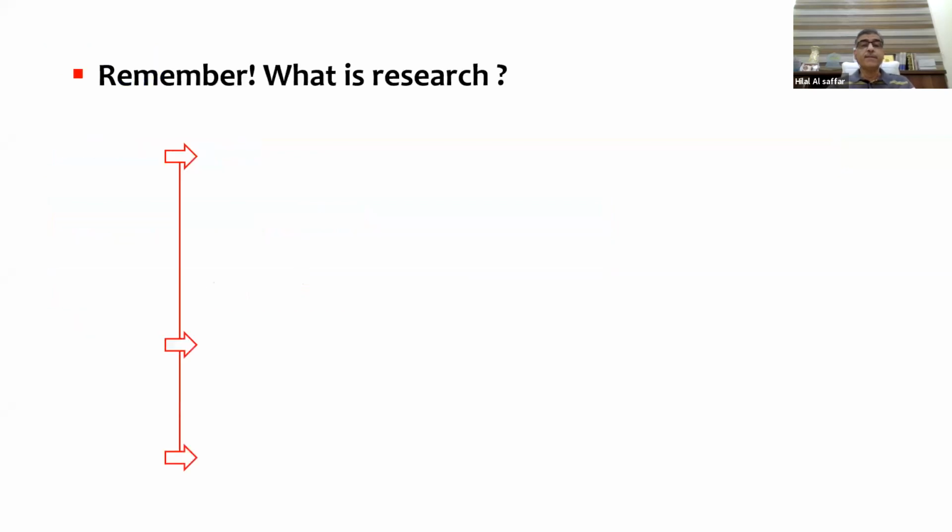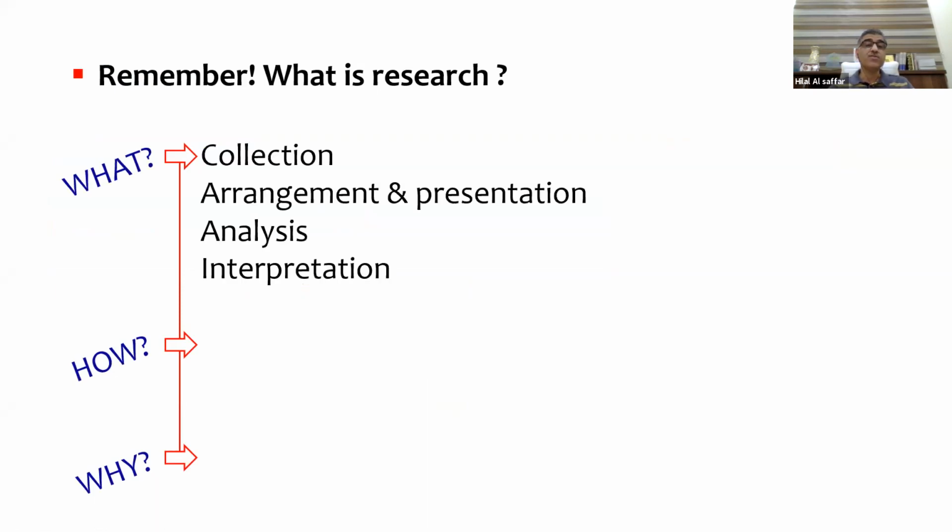The definition of research can be made after answering these questions. What is research? Research is collection, arrangement, presentation, analysis, and interpretation of data. But this is not enough.